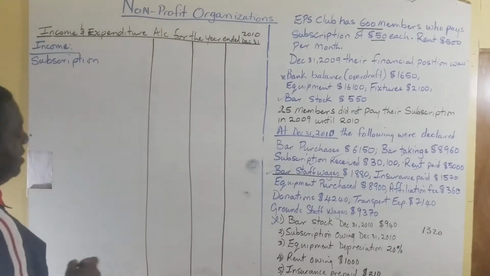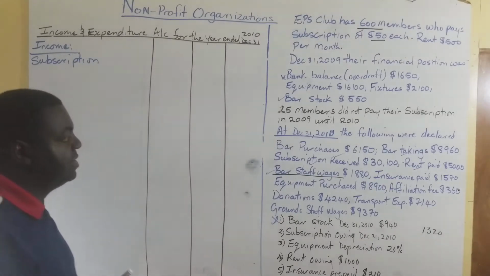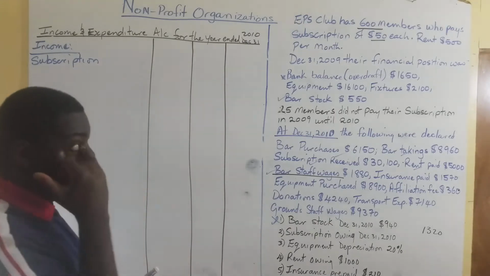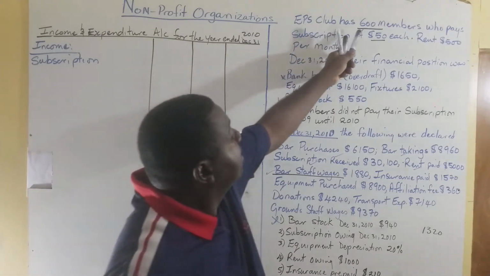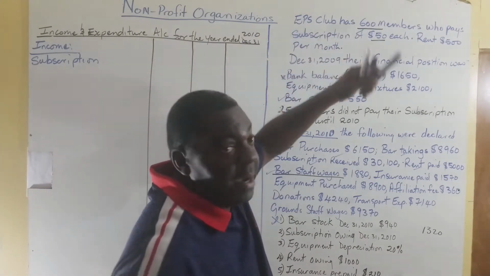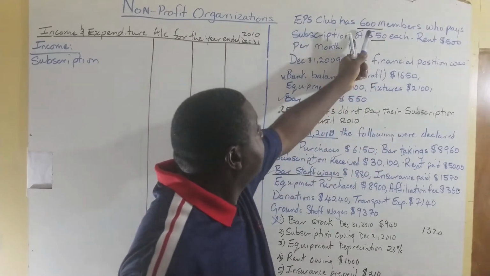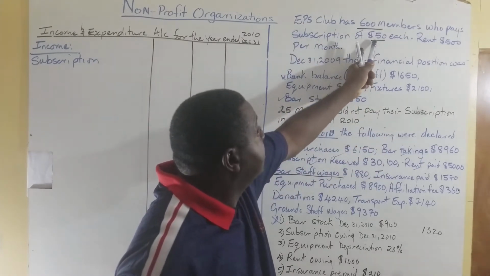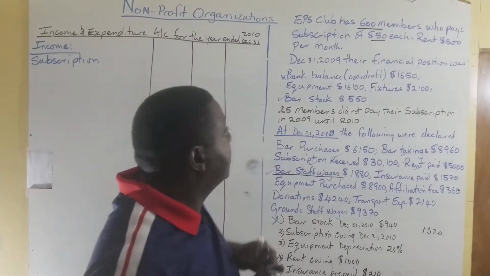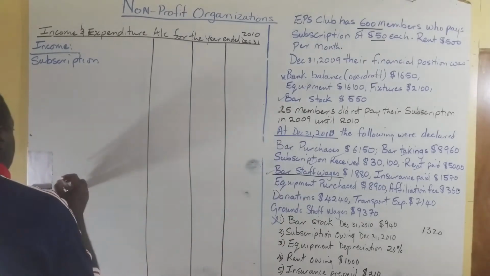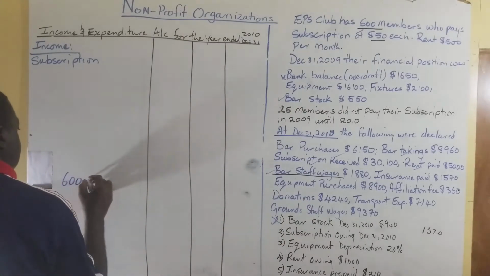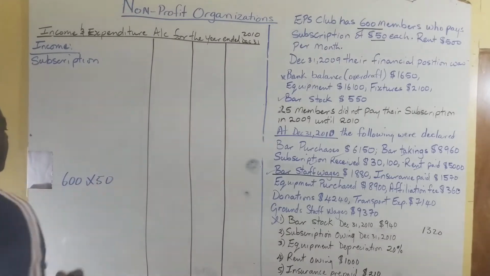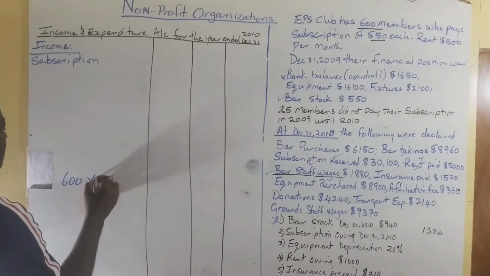Now there's an adjustment that needs to be done to the subscription. Let me point out. They indicated to us here that at the end of each year, there are 600 members and each member is charged $50 each. So it is 600 persons times the $50, yes?